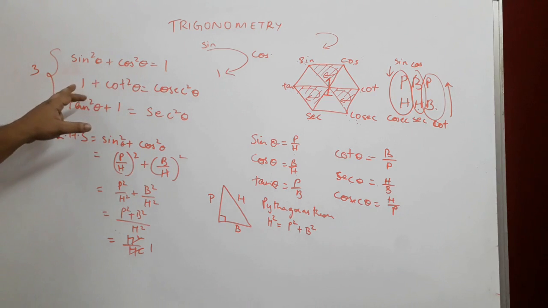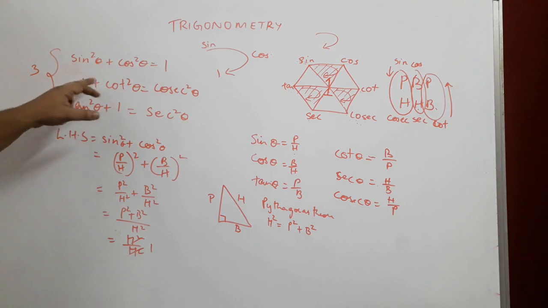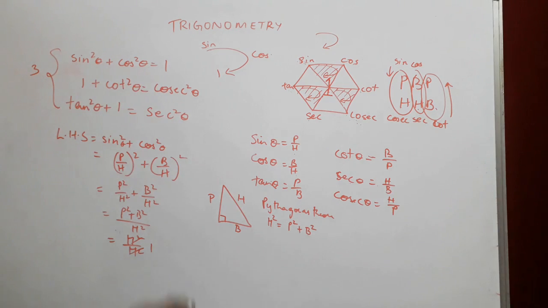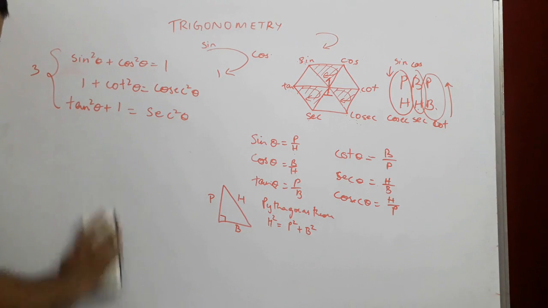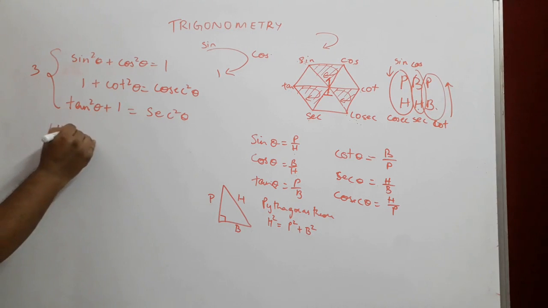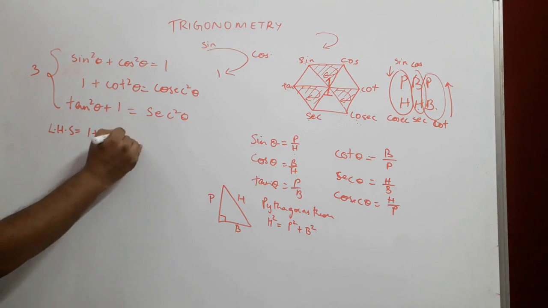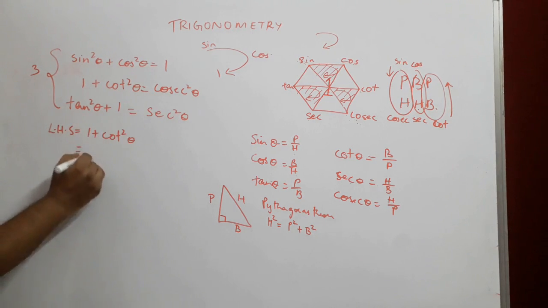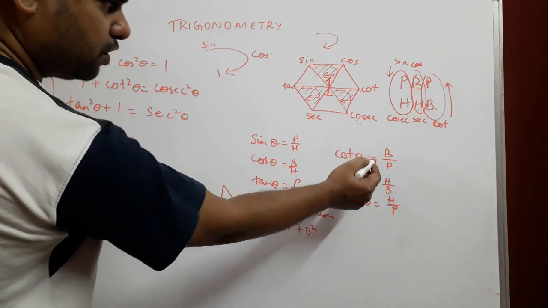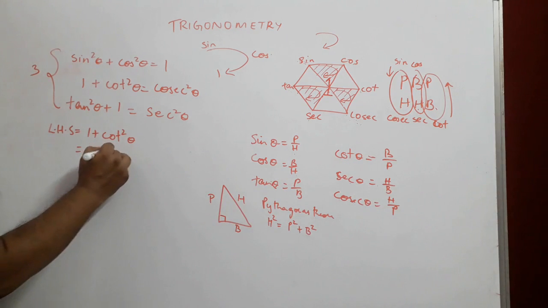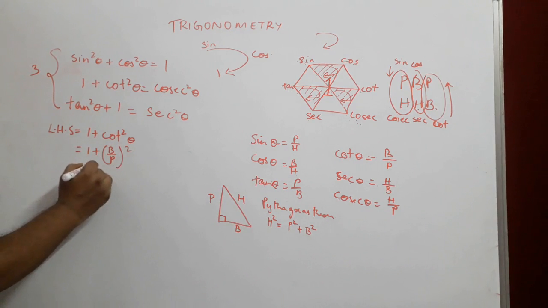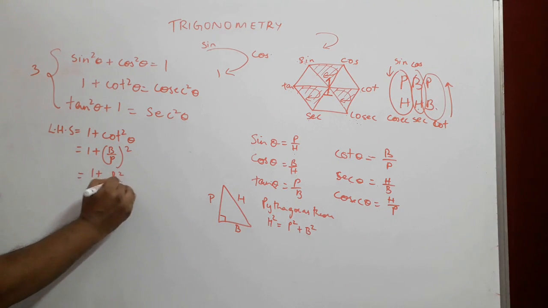So similarly, let us check whether 1 plus cot square theta gives us cosec square theta. Let us take the left hand side, which says 1 plus cot square theta, and let's see if it comes to cosec square theta. So 1 we write, and we'll look at what is cot. Cot theta is B upon P, so B upon P whole square. Now this will be 1 plus B square upon P square.